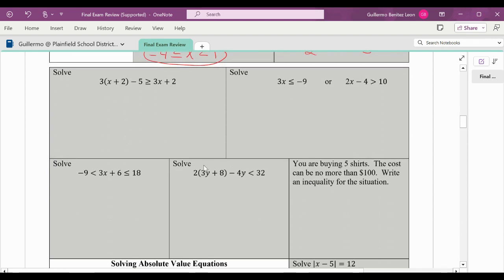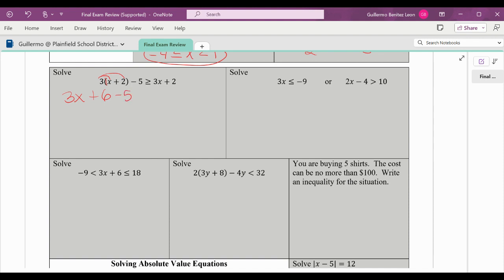Now we're going to get into a little bit of solving. With this first one, there's parentheses. Just like an equation, you always want to get rid of parentheses, so I'm going to distribute. There's an invisible 1 in front of the x, so I'm going to draw that in. 3 times 1x is 3x. 3 times 2 is 6.